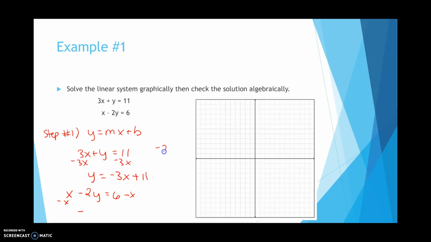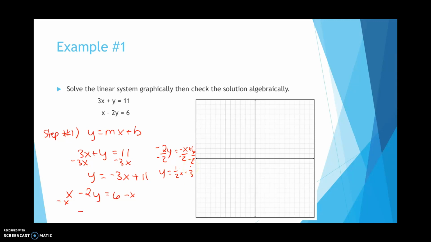Negative 2y equals negative x plus 6. Divide both sides by negative 2. So y equals negative x over negative 2, which gives me a positive 1/2 x. Positive 6 divided by negative 2 gives me negative 3.